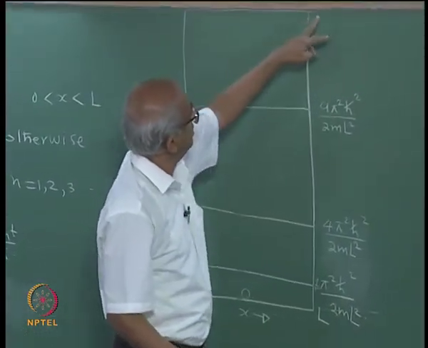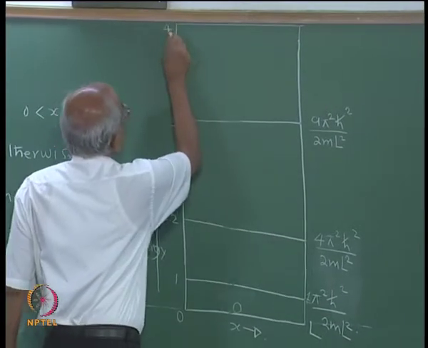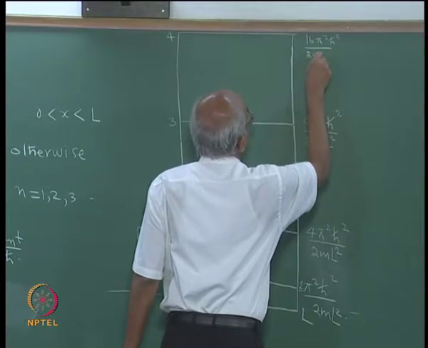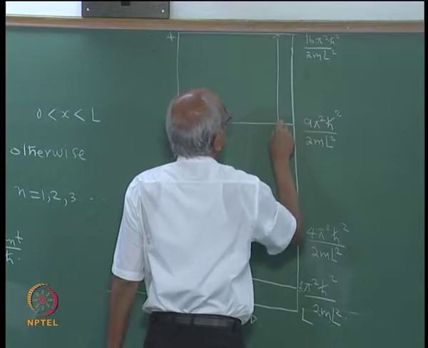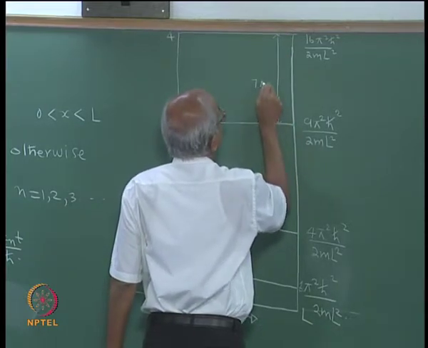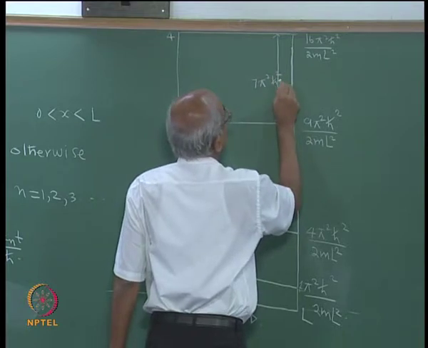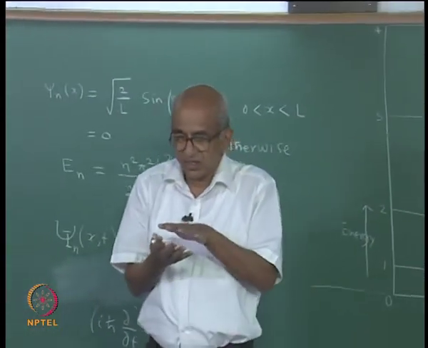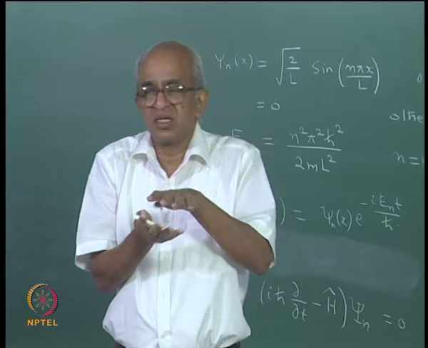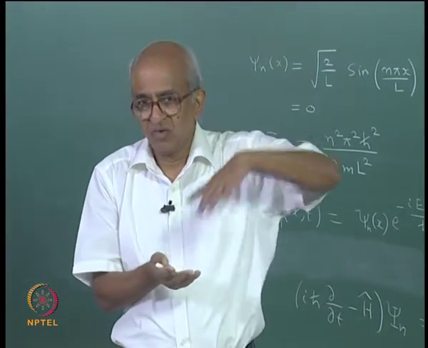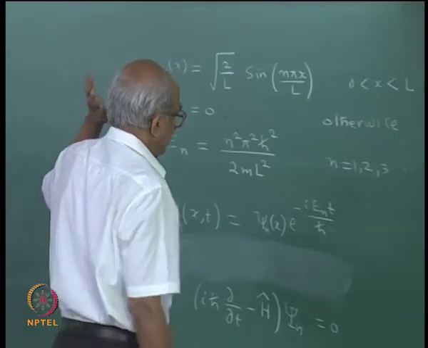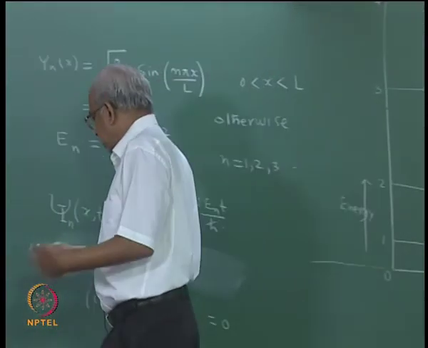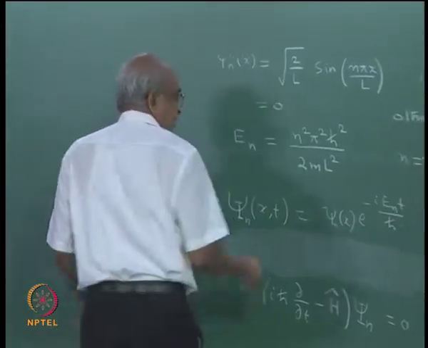This is n equal to 4, it would have an energy of 16π²ħ²/2mL², and this gap will be 7 times π²ħ²/2mL². So this is another interesting thing: the spacing between successive energy levels increases as you go up. And further, I will also represent the wave functions in the same picture, so that whatever we have learned is there in this picture.